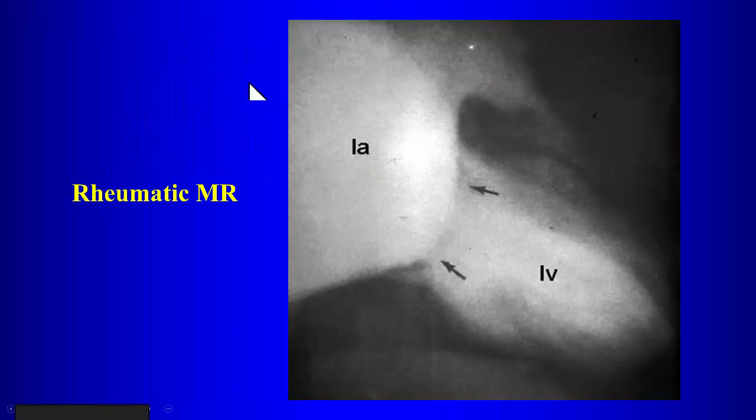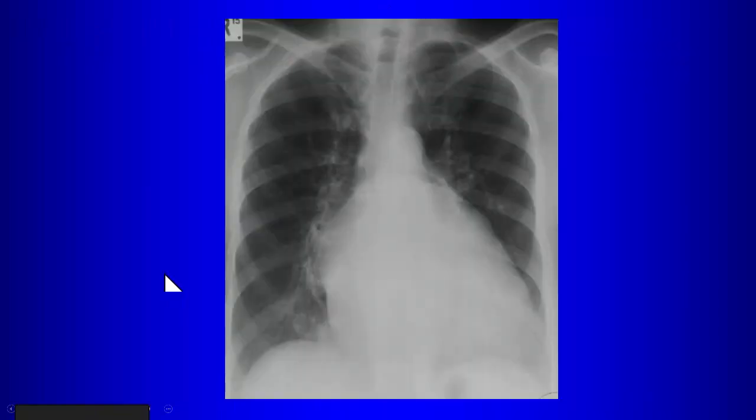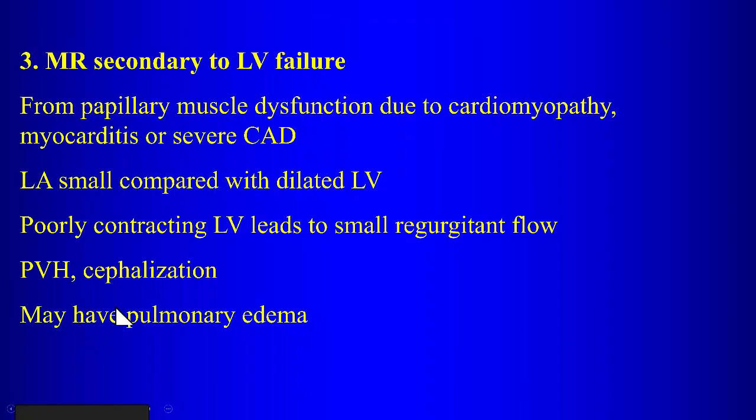Okay. So rheumatic heart disease, you get a really big left atrium because of the mitral regurgitation. So big heart, big left atrial appendage, and over here, we have a big double density, actually I think it's up here, from enlargement of the left atrium.